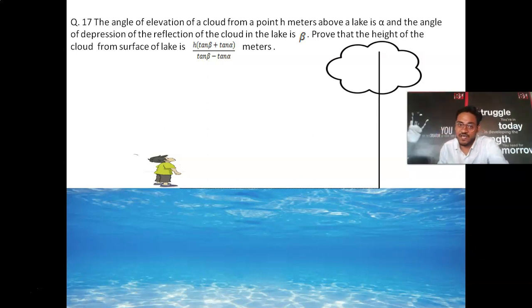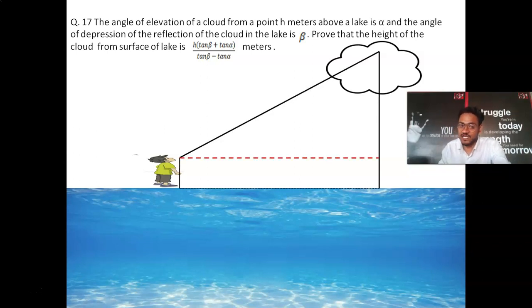We are given the point of observation is h meters above the lake. So this length is going to be h meters, because he is observing from this particular point, which is h meters above the surface of lake.